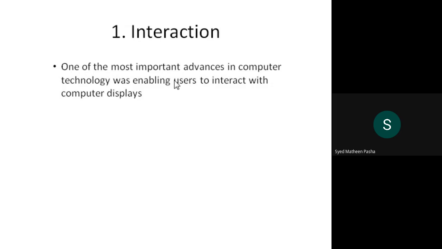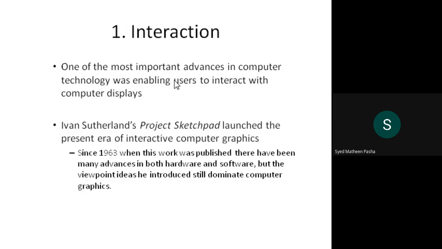We need not require any robot so that the robot will interact with the system. You can directly interact with the systems, right? So there are some projects and some scientific works going on with respect to these interactions.